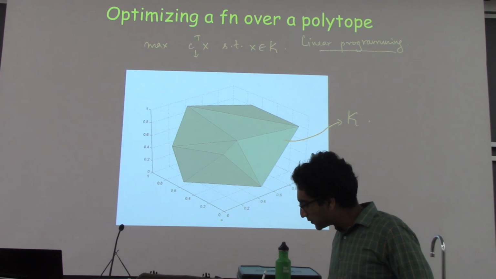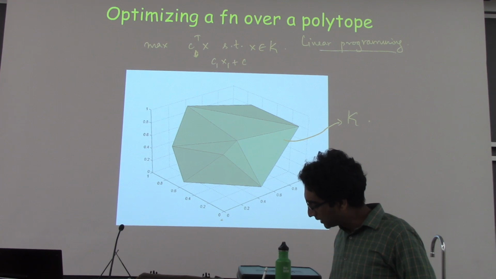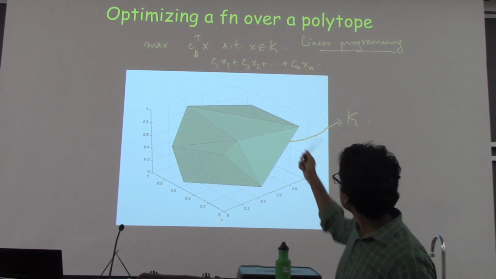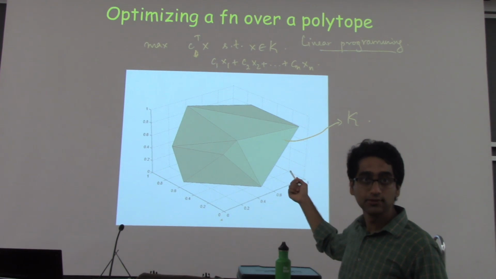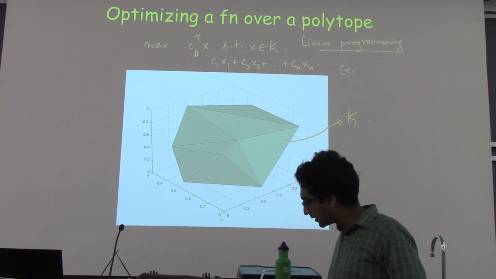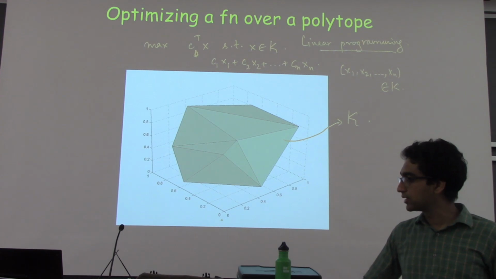And c transpose x is basically a linear function, which means c1 x1 plus c2 x2 plus so on up to cn xn. x1, x2 up to xn are the coordinates, and you want this point x1, x2 up to xn to belong to this polytope. So this is what is called linear programming.